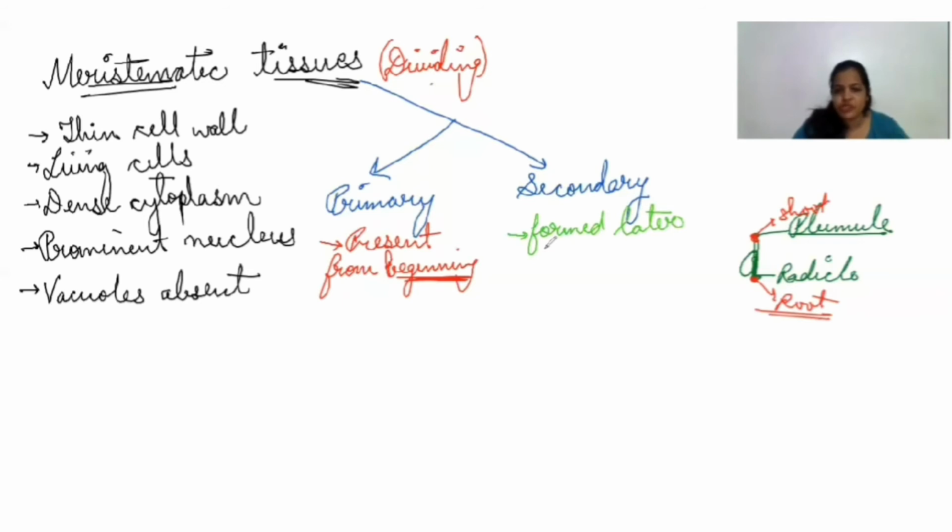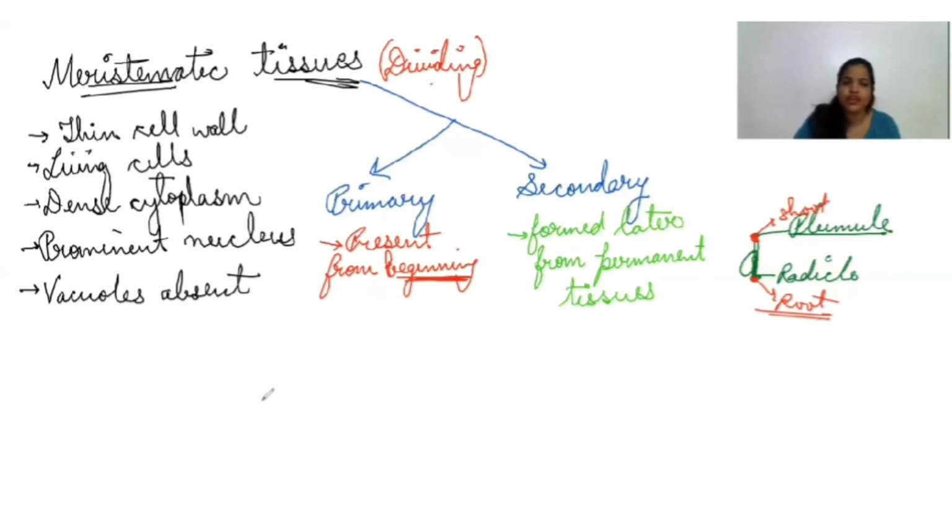Secondary meristematic tissue is formed later from permanent tissues.